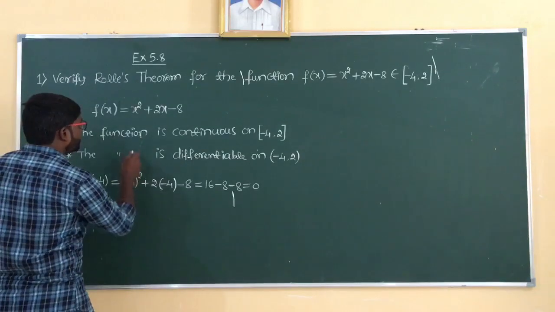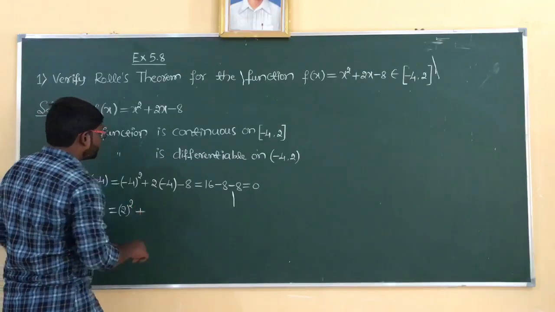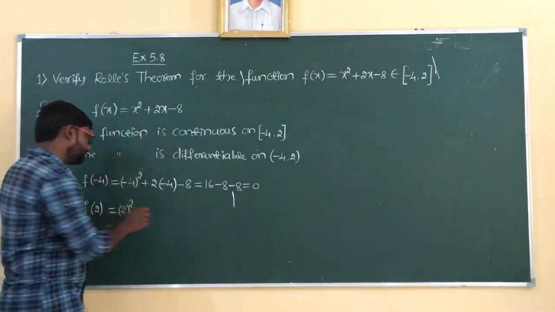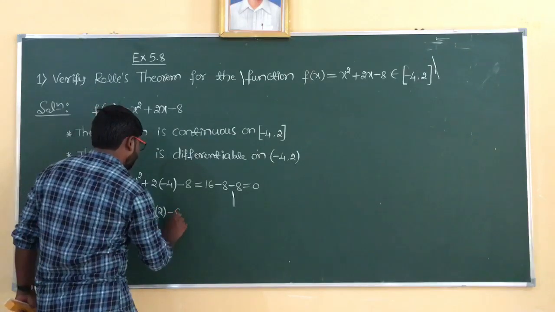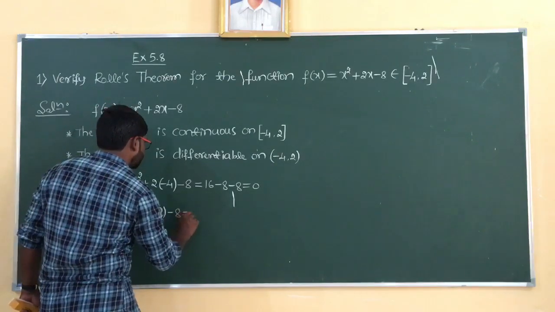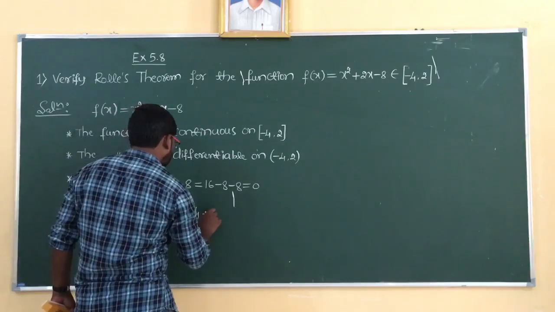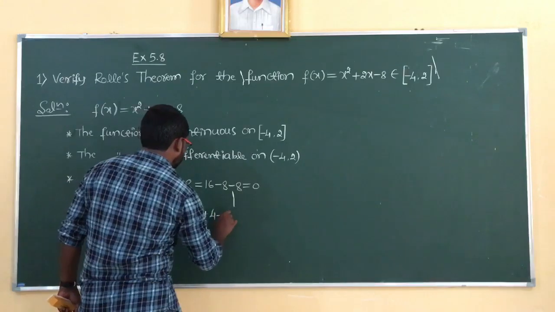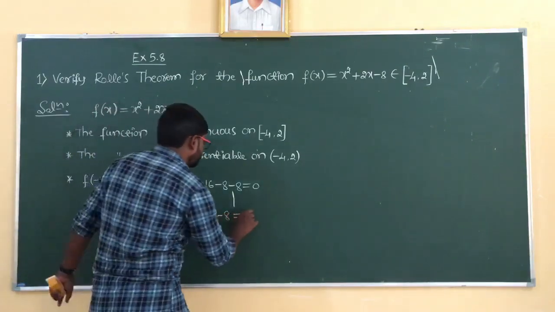So now I will go for f of b, that is f of 2, which is equal to, in place of x I have to write 2 square plus 2 into 2 minus 8. So 2 square is 4 plus 2 into 2 is 4, then minus 8. So 4 plus 4 is 8, minus 8 will give us 0.